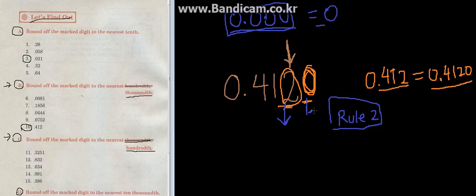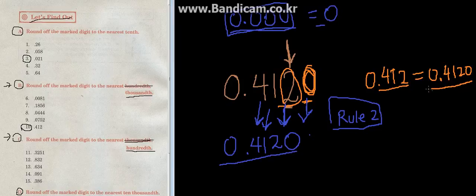So the answer will be 4, 1, 2 stays the same here, then the 0. So when we round off 412 thousandths to the nearest thousandth place, we just get the same number, right? And that's the answer for number 10.